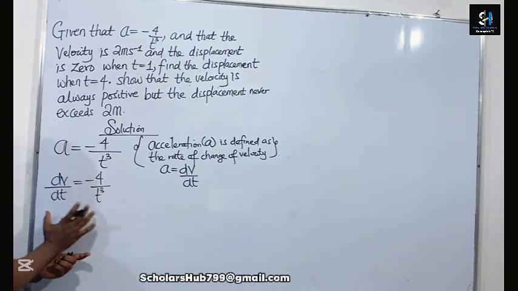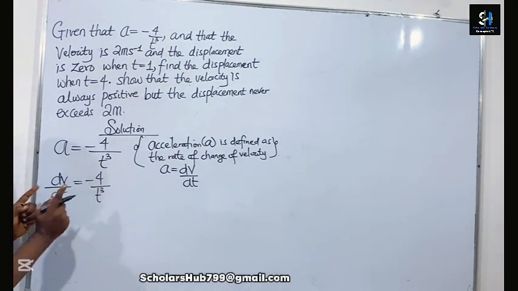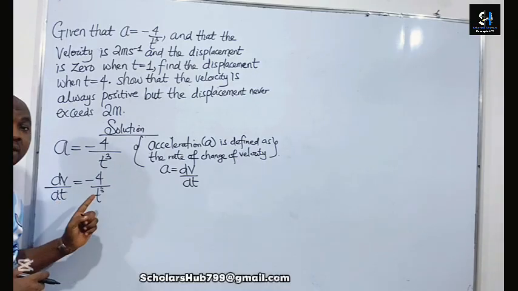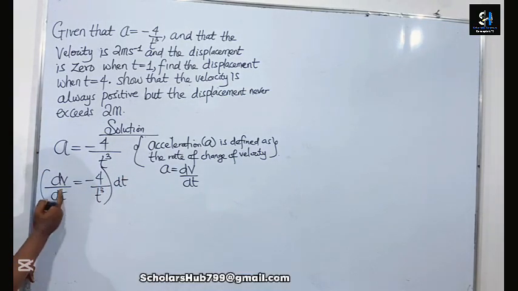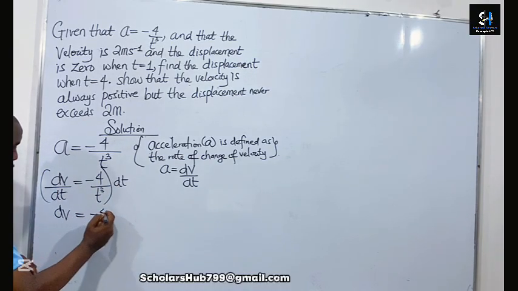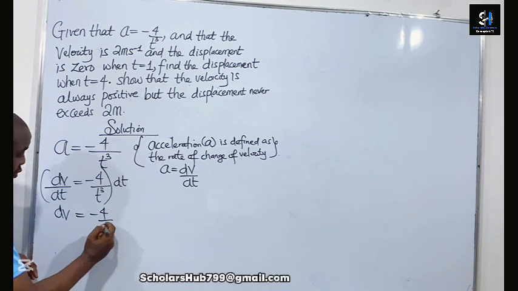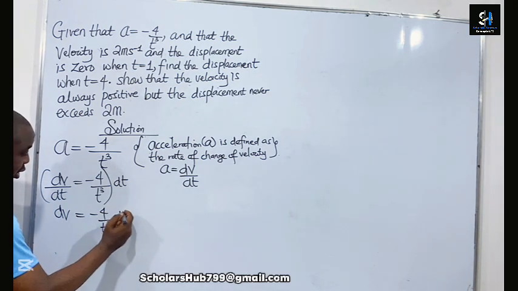Now to integrate this, I will need to first multiply both sides by dt. So multiplying both sides by dt, dt multiplied by dv over dt will be dv, equals negative 4 over t cubed dt.